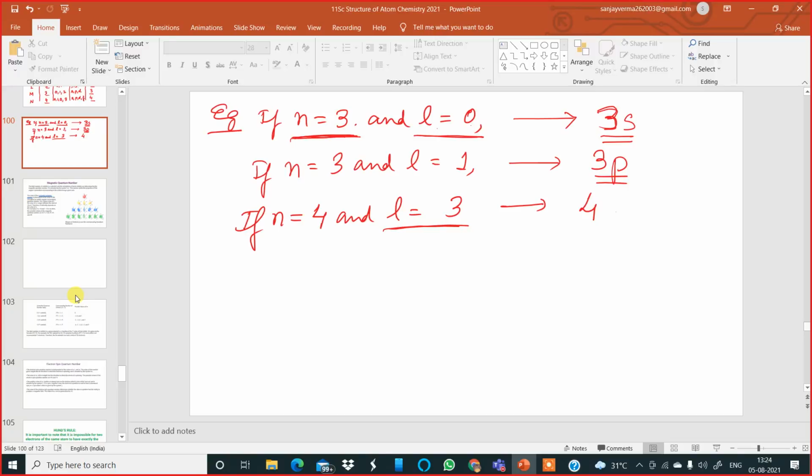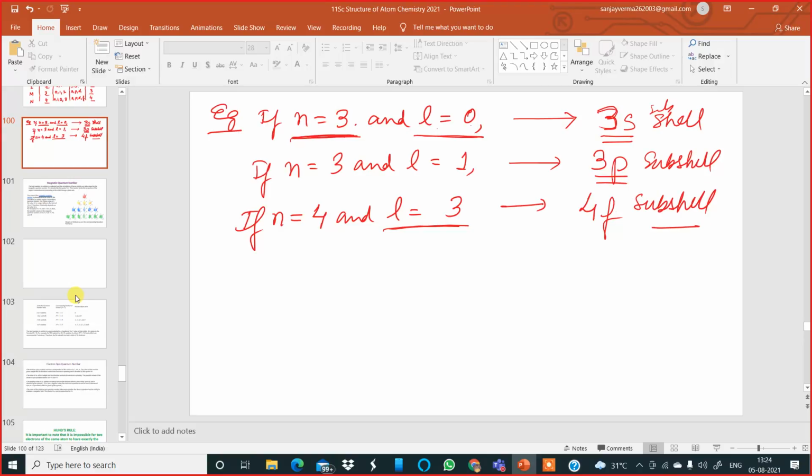Just check. It is f. It is 3, so it is 4f. So this is the 3s subshell, this is the 3p subshell, and this is also a subshell. This is also a subshell.